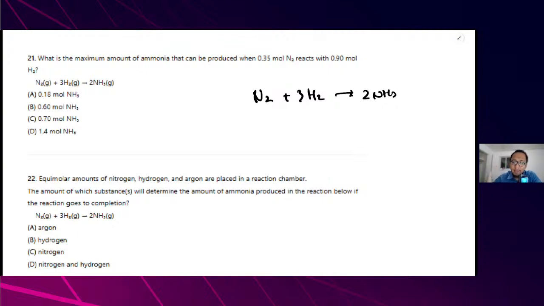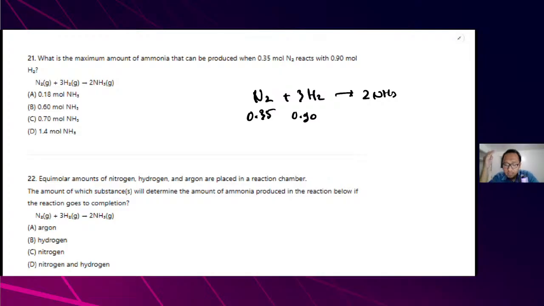Here we have 0.35 mol N2, and H2 is 0.90 mol. But we only have 0.90 mol H2, which is less than required.